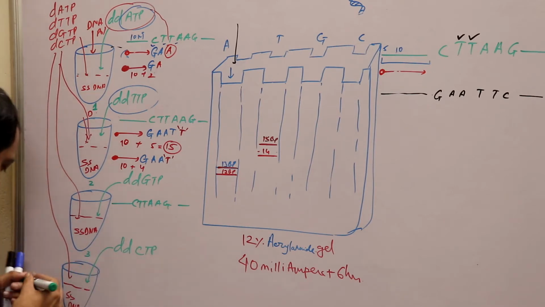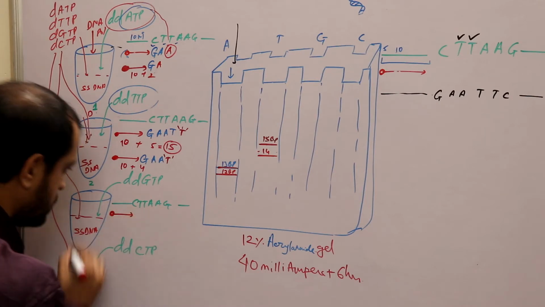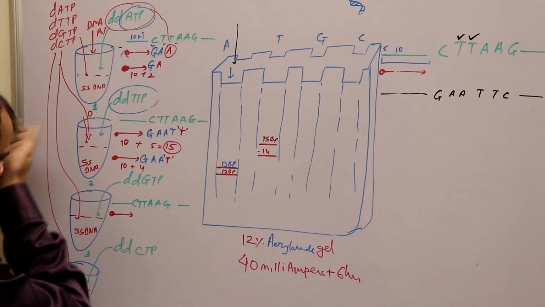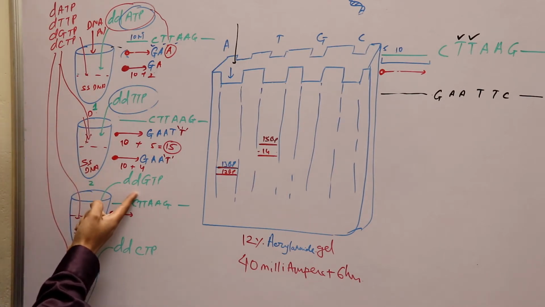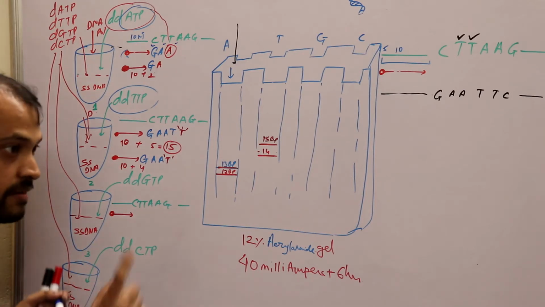CTTAAG. Okay, so this is your primer, and here, now listen, what we have added? ddGTP, that means opposite C is G, so you should be aware of G's.